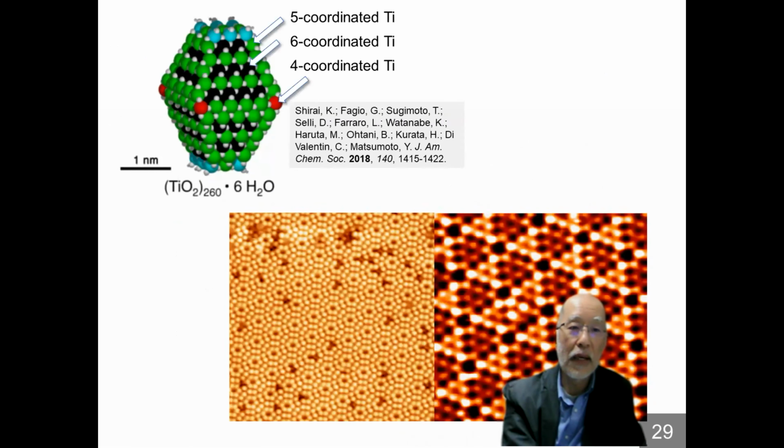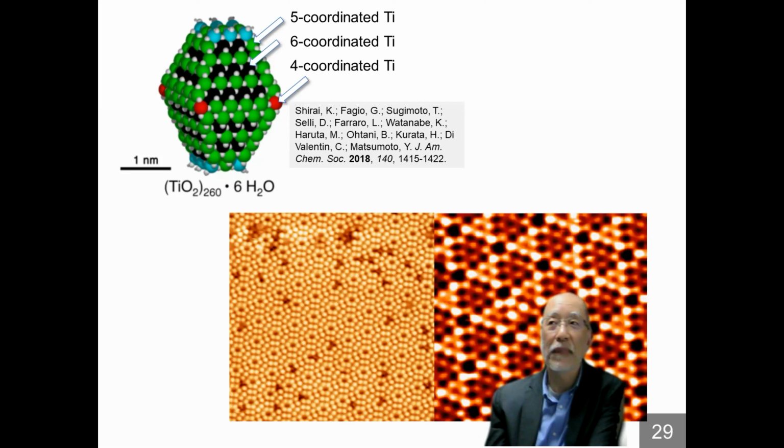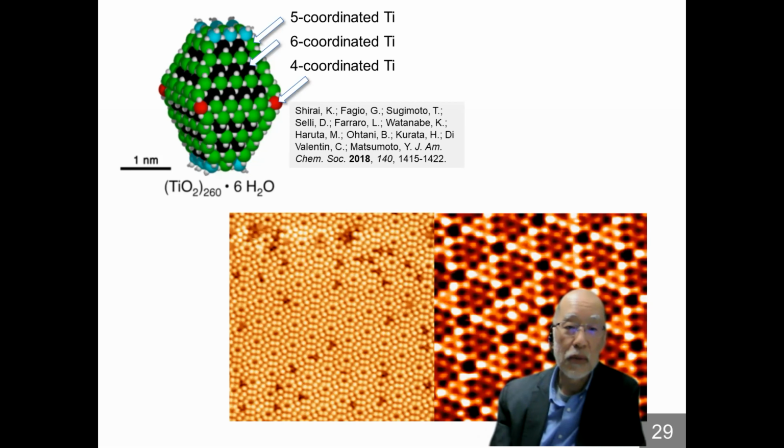At present, we don't have a clear answer for what kind of surface structure gives such electron traps. But such a surface reconstruction structure may have some coordination unsaturated sites that might give the electron traps as detected.